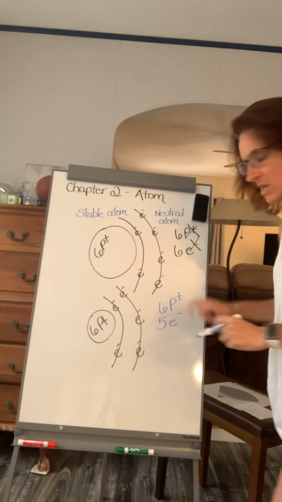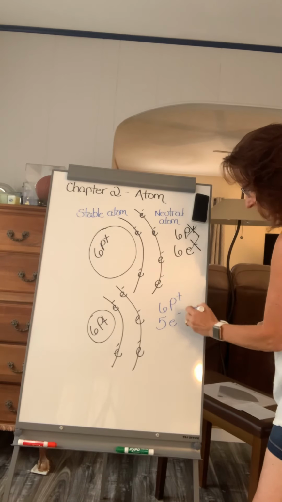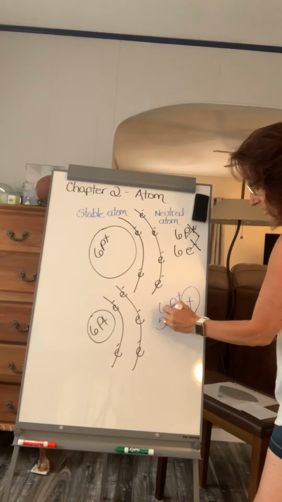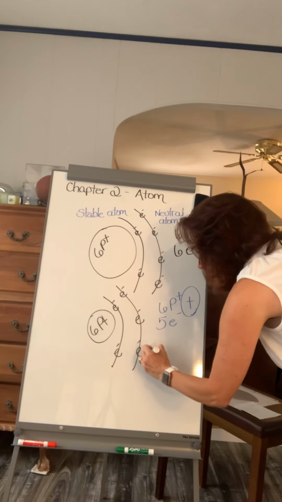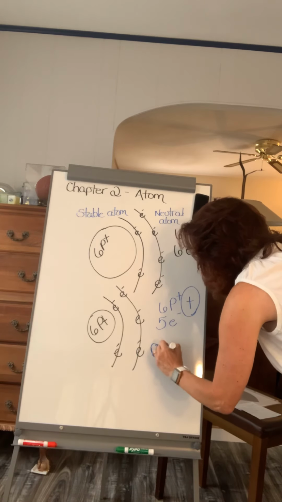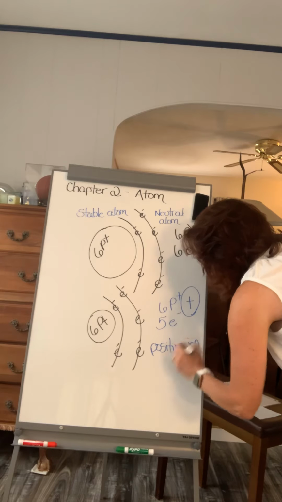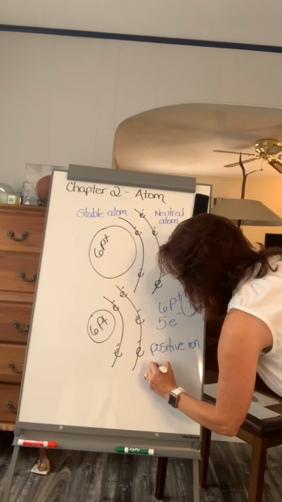So what happens? When we cross those out, we can get rid of 5 of those, but we're left with 1 overall positive charge. So when we have a positive charge, that is called a positive ion. And a positive ion can also be called a cation.